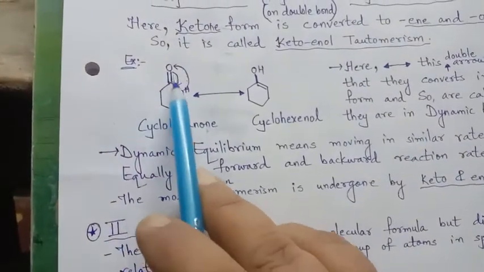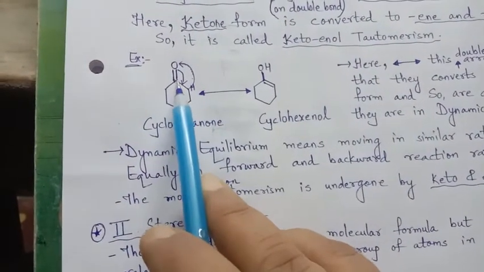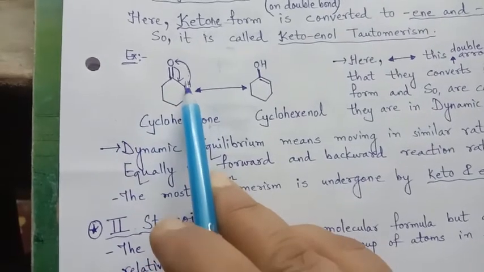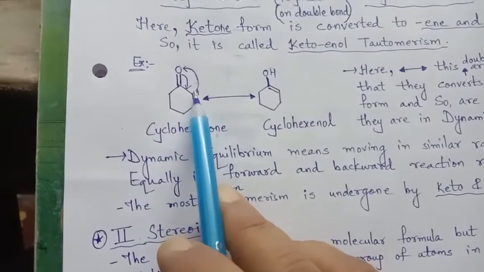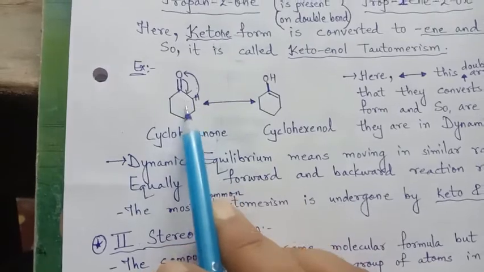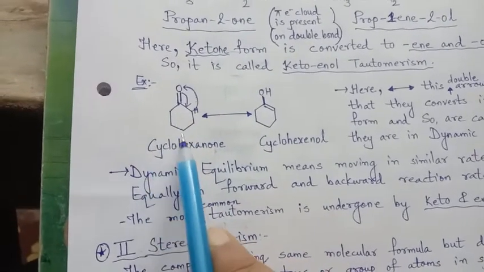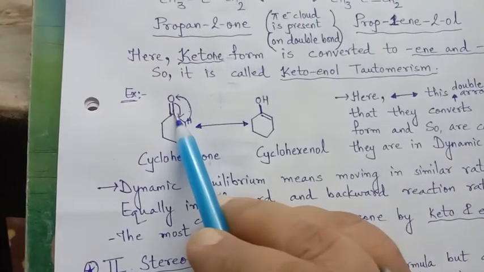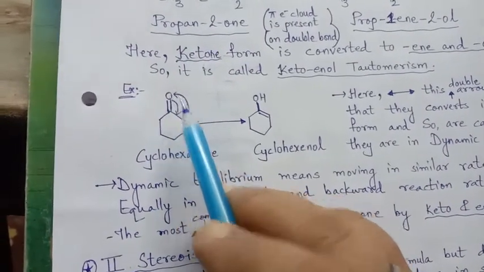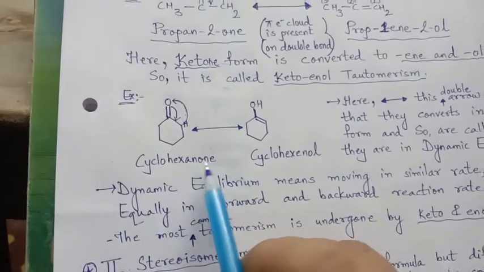Here is a cyclo compound. So here it is 1, 2, 3, 4, 5, 6, six carbons. But no double bond, so it's not benzene. It's not hexene. It is cyclohexane. But here a C double bond O is there, so it is cyclohexanone.